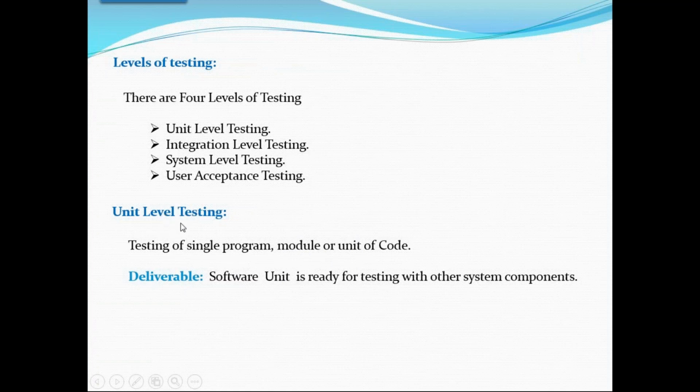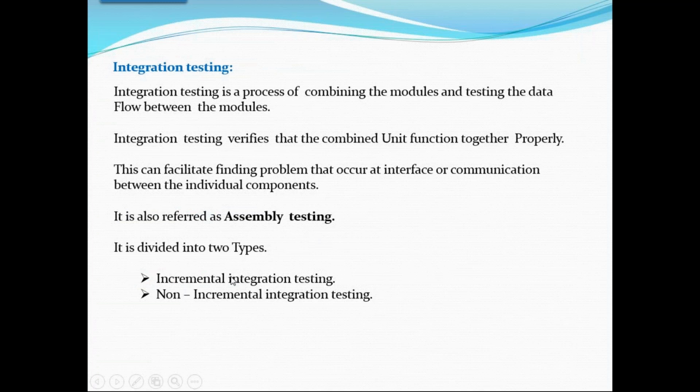Unit level testing means a software unit is ready for testing with the other system components. My unit, my code, is ready to work with the other system components; another person does some other component, and my code is ready to work with that component. So this we call unit testing.